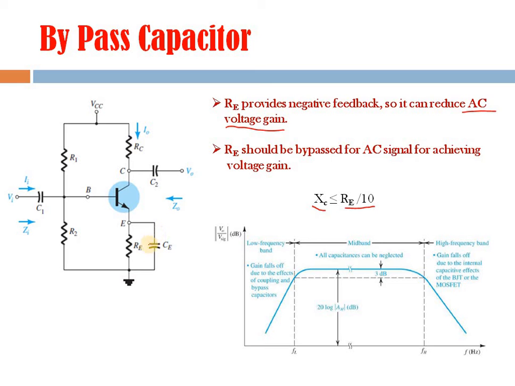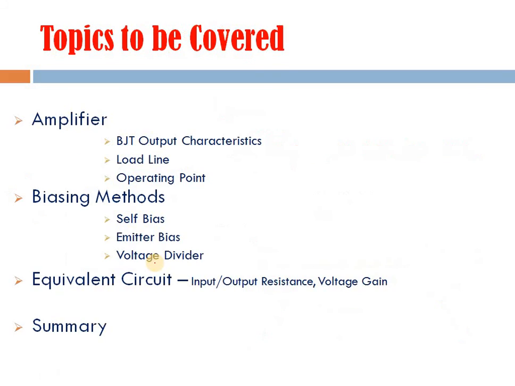In that case we can remove this capacitor, there is no problem, right? But in most situations we use this capacitor, and if we are using it, remember we are not applying negative feedback to the AC signal, we are applying negative feedback only to the DC current or DC voltage.